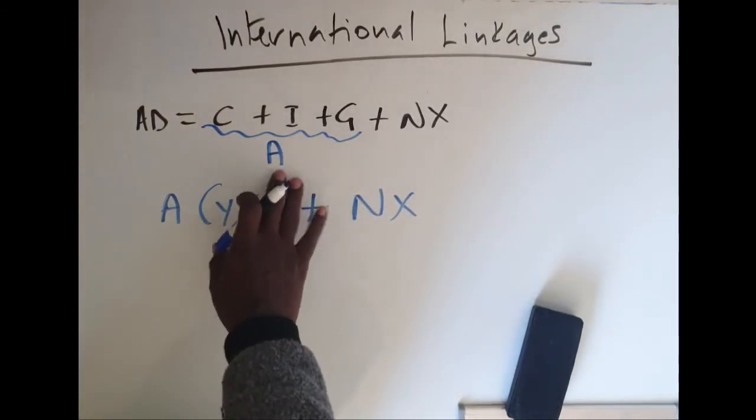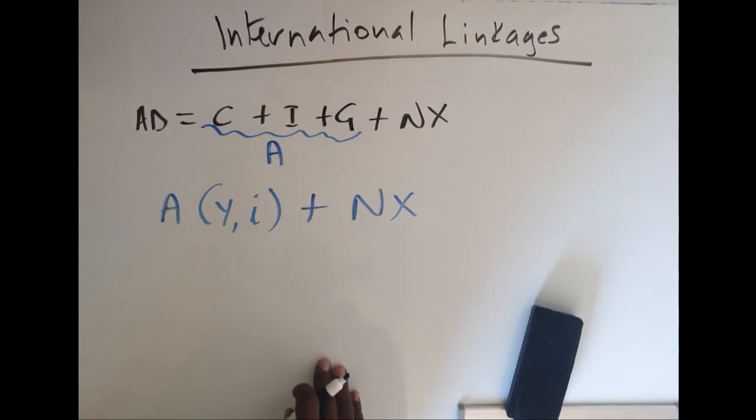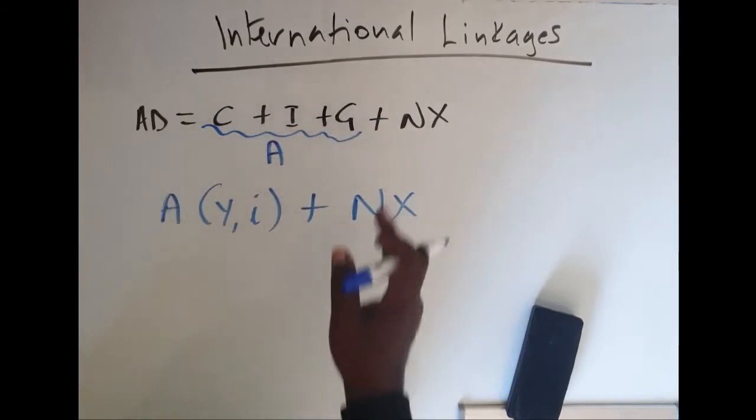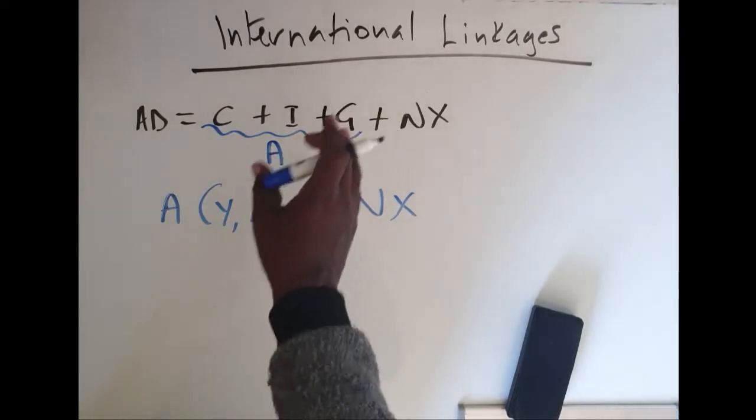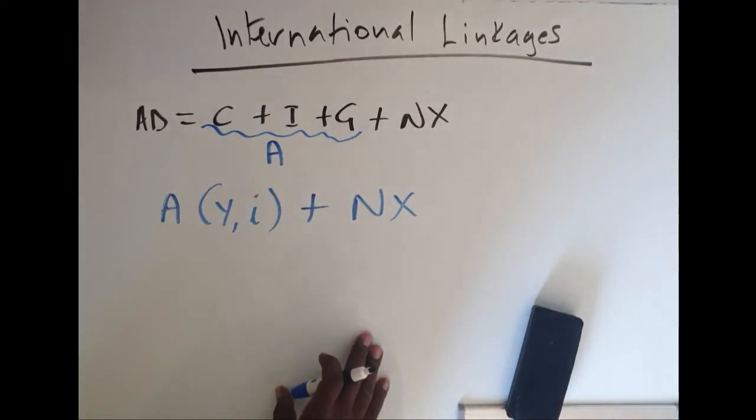So when you look at A, the absorption, this is domestic spending, and you are looking at spending made by domestic factors: consumption, investment, and government. And then now we are recognizing that when you open the economy, you have what is known as domestic spending on domestic goods.